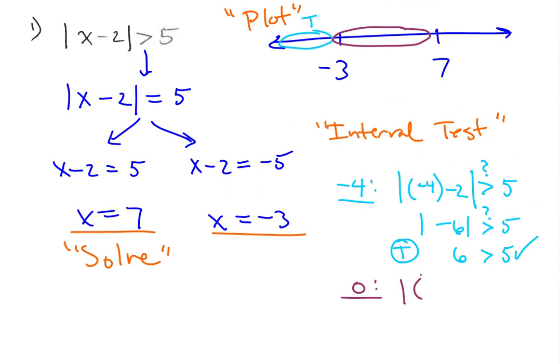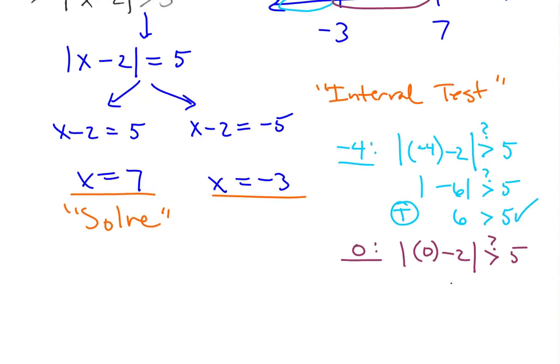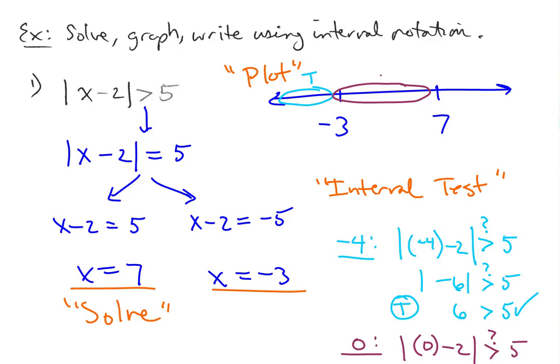So if I have x minus 2, I'll plug in 0 for x and get 0 minus 2 inside the absolute value. And I have that possibly greater than 5. We don't know yet, that's why we're testing. This would result in 2 greater than 5, which of course is not true. So we're going to mark that false, which means we go back up to that middle interval and put a capital F above it since it's false. And that takes care of those two intervals.